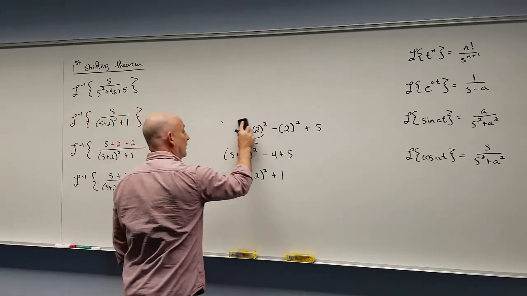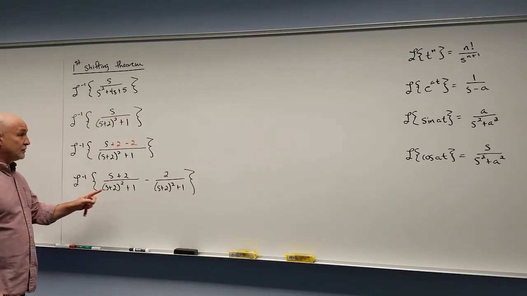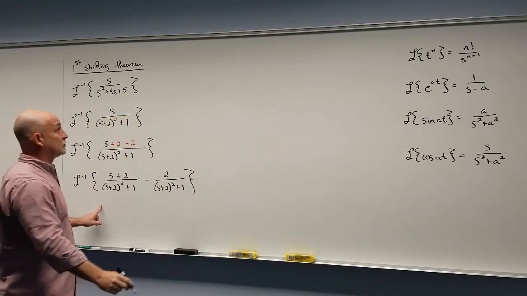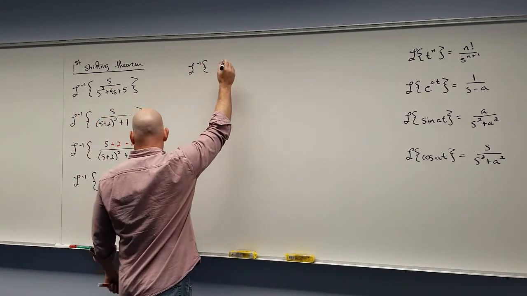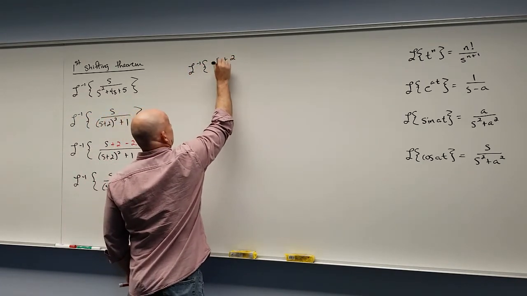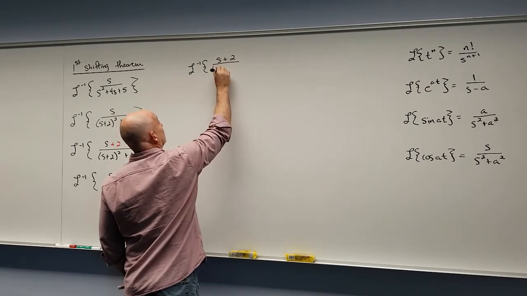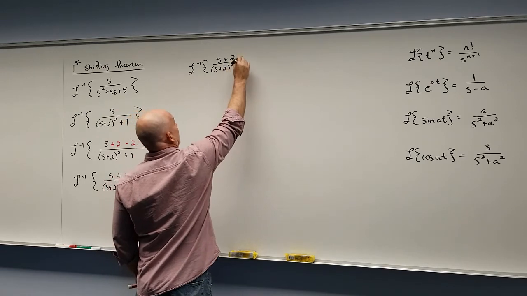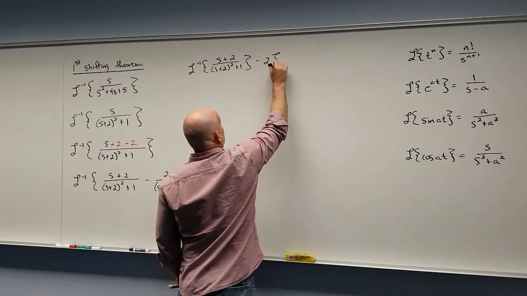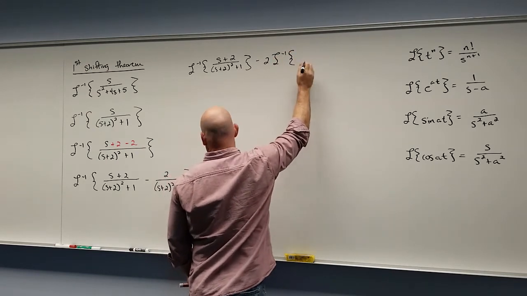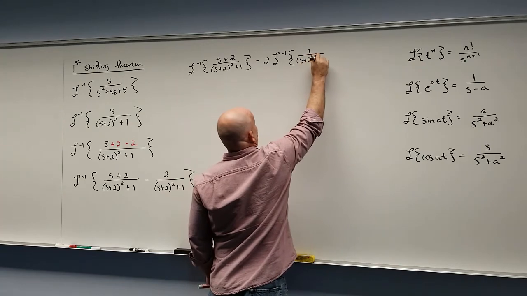All right, now since I have 2 pieces here, I can do the inverse Laplace transform of each term. So this is the inverse Laplace transform of s plus 2 over s plus 2 squared plus 1 minus, and I'm going to go ahead and pull that constant out. It's normally helpful to pull constants out. The inverse Laplace transform of 1 over s plus 2 squared plus 1.